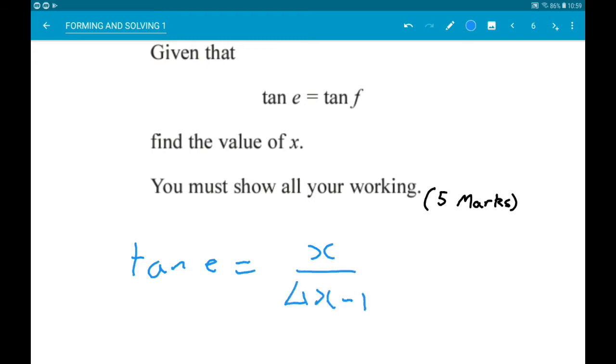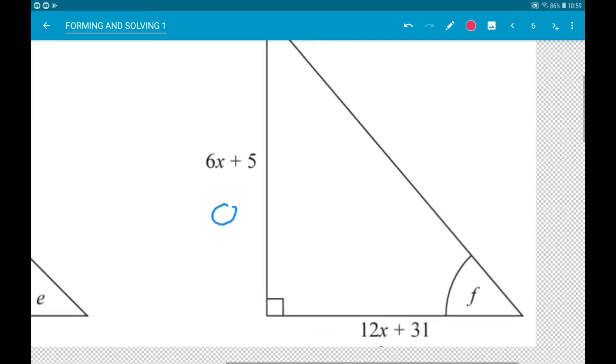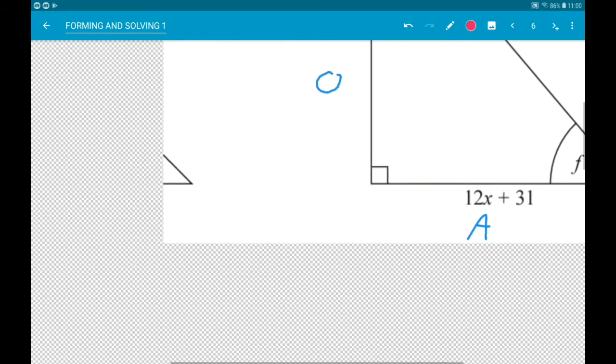Okay, now we're going to do exactly the same in the right angle triangle. So here, we know that tan f is 6x add 5 over 12x add 31.